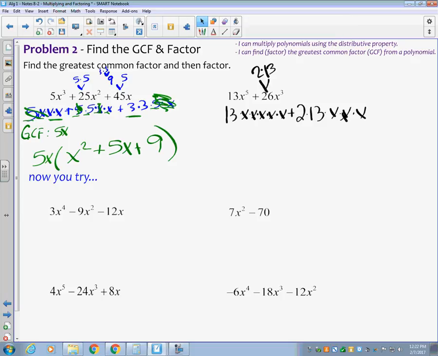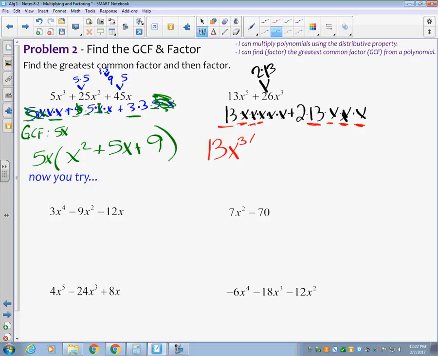We are going to underline the ones we have in common. We both have a 13, and they both have 1 x. They actually have 2 x's. And in fact, they are sharing 3 x's. It's like they got triplets. So we're going to pull those out front, the 13 and the 3 x's.